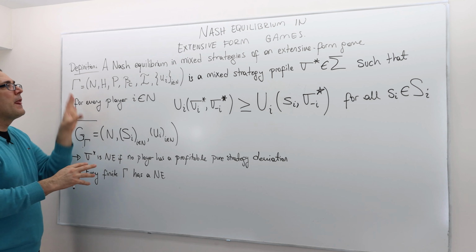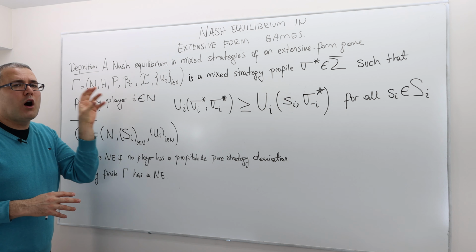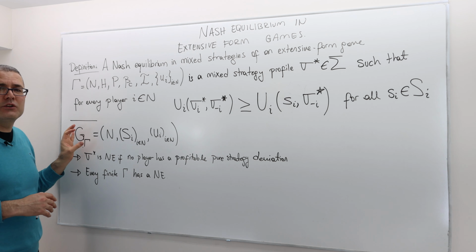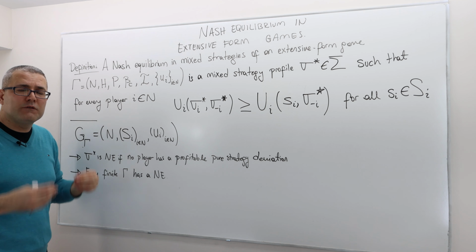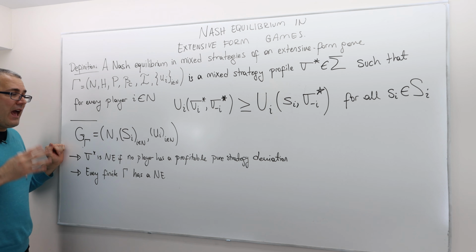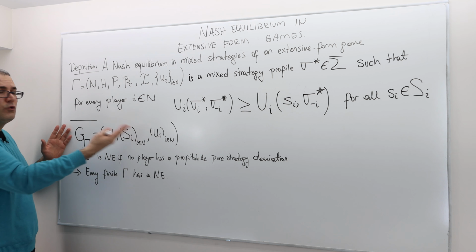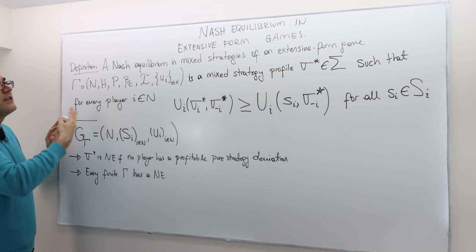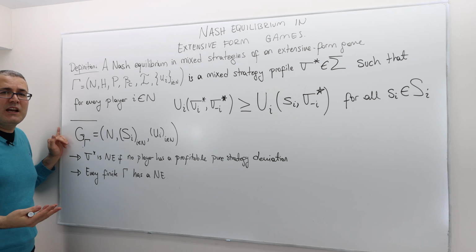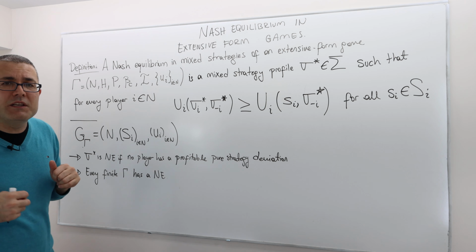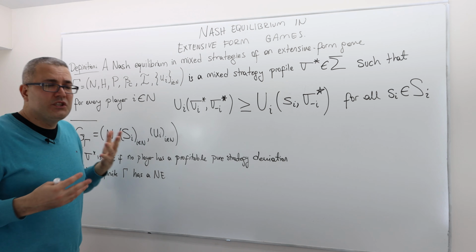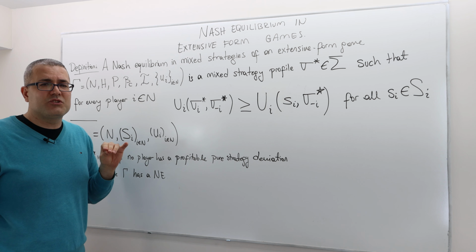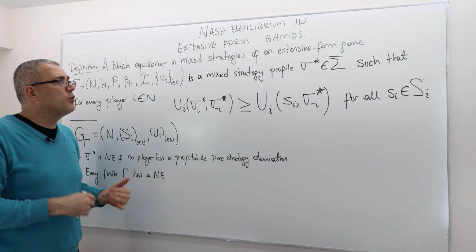Once again, a mixed strategy Nash equilibrium of an extensive form game is identical to a mixed strategy Nash equilibrium of its normal form representation game. And don't forget, because every finite normal form game has a Nash equilibrium, every finite extensive form game must have a Nash equilibrium. Maybe in pure strategies, maybe in mixed strategies, but that's the most general format we can provide, because remember, every pure strategy is also a mixed strategy, but not all mixed strategies are pure strategies.